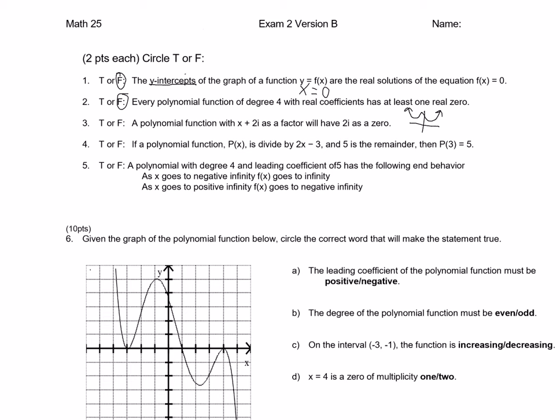Number 3. A polynomial function with x plus 2i as a factor will have 2i as a 0. This one's tricky, right? Because if x plus 2i is a factor, that means your 0 is going to be automatically negative 2i, because it's always the opposite of this.